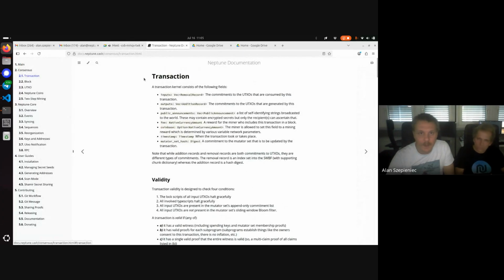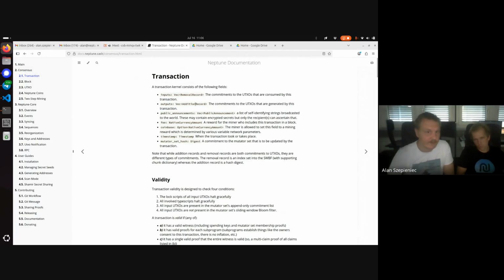In the transaction, there are 4 fields that you need to be aware of. First of all, there's the inputs and the outputs. These are lists not of UTXOs, but of cryptographic commitments to UTXOs.